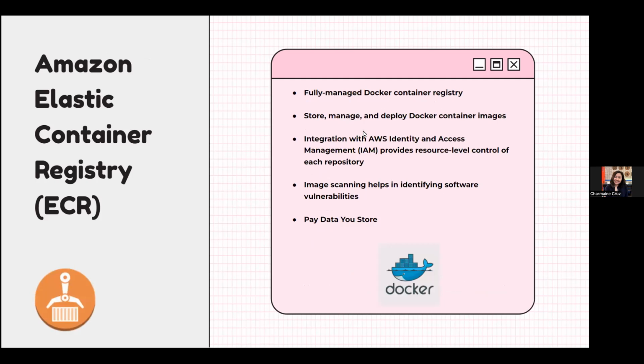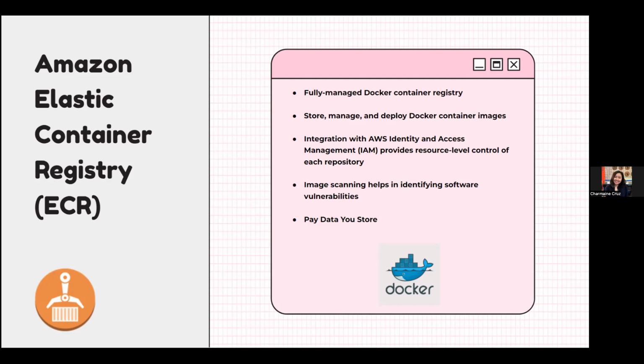So this is our first service, which is Amazon Elastic Container Registry. This is a fully managed Docker container registry where we store, manage, and deploy Docker images. So yung mga source code natin or yung mga i-build natin na code is nakasave dito sa ECR yung repository natin, which is registry.